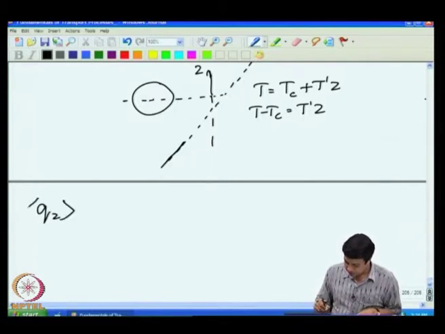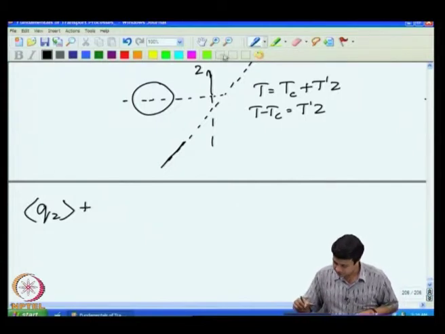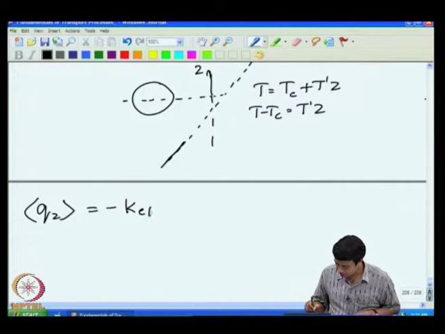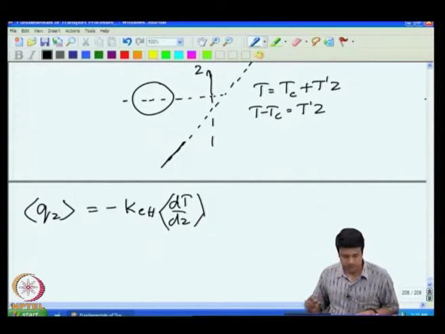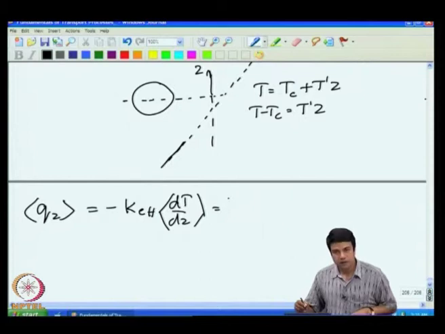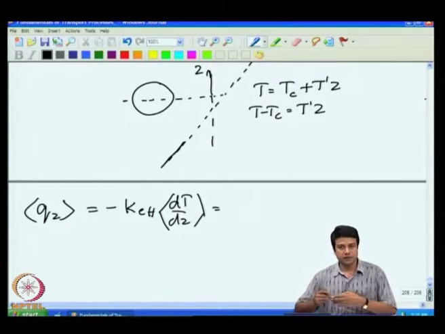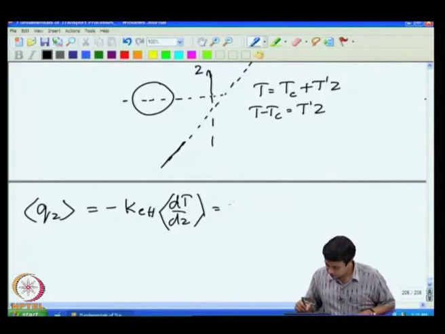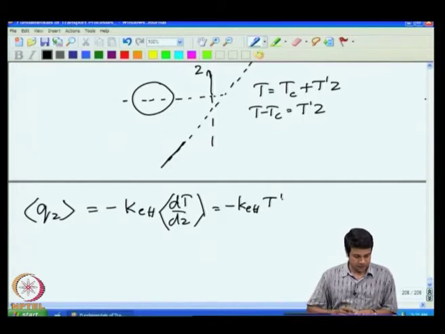For the entire system, particles plus matrix, I have to get an equation of the form minus k effective times the average of dT by dz, which is basically equal to k effective times the difference in temperature between the top and bottom surfaces divided by the length. So, this is going to be equal to minus k effective times T prime.